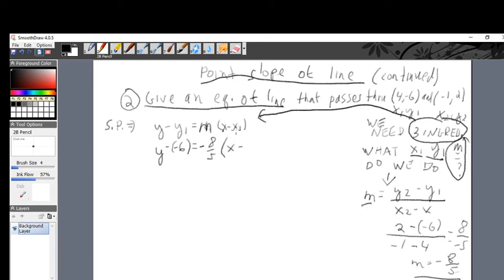X minus x1 is right over here, is 4. So now, let's continue. We have y plus 6 equals -8/5 times x, and -8/5 times -4 is -8 times -4, which is plus 32 over 5.